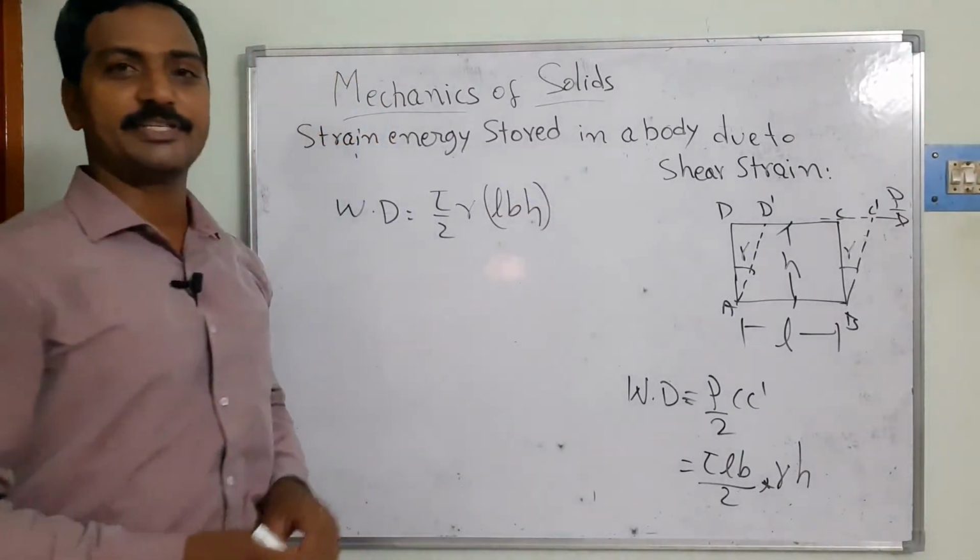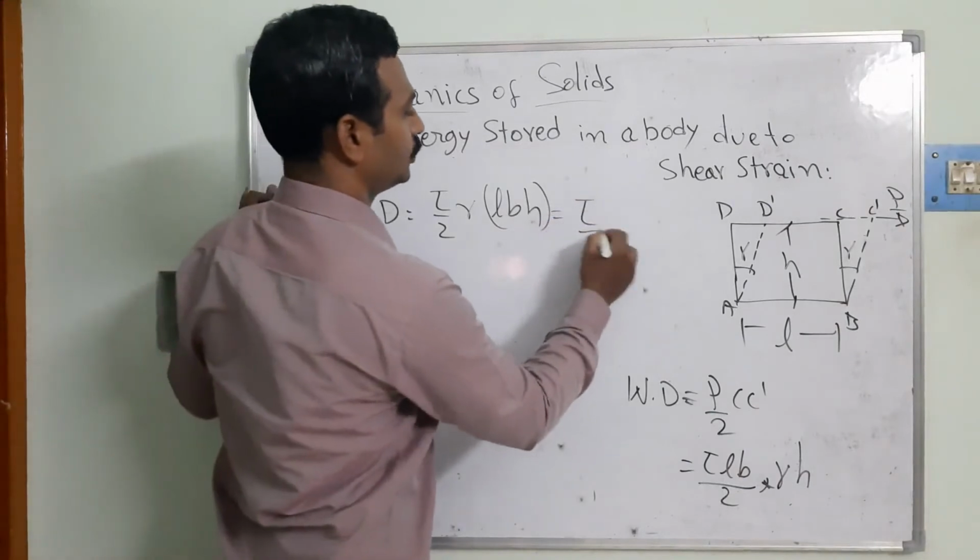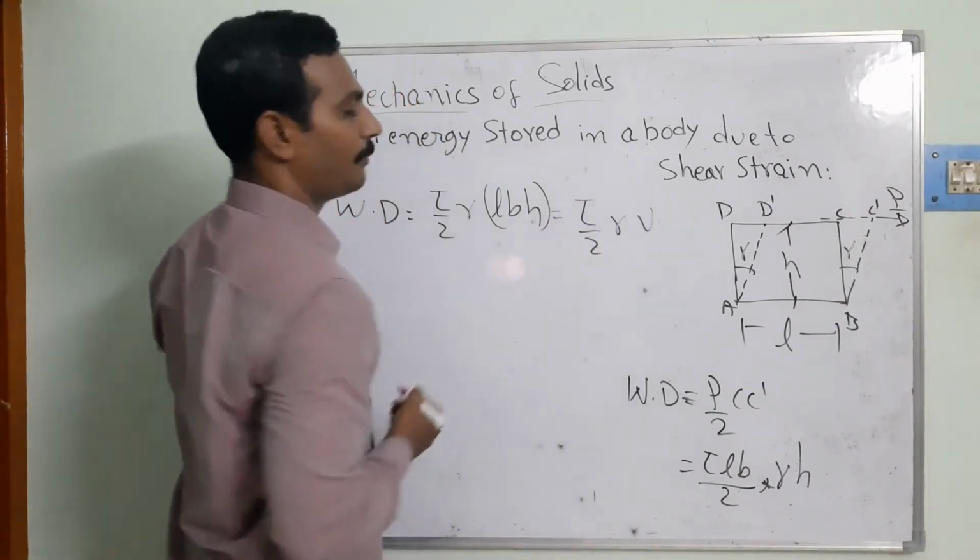LBH represents your three-dimensional object, so I write tau by 2 gamma into volume.